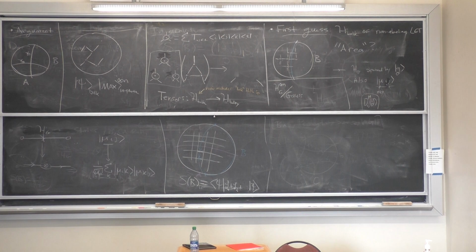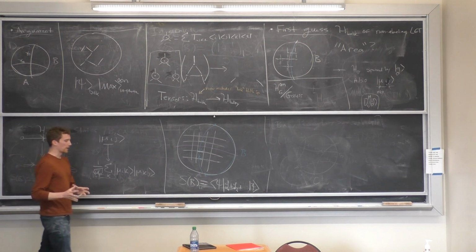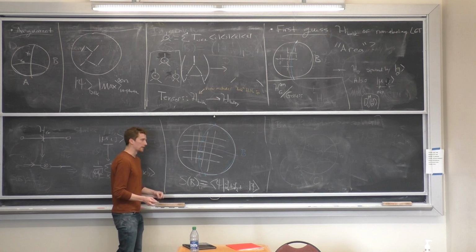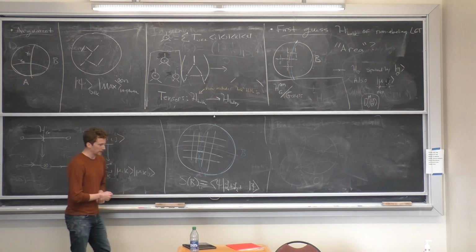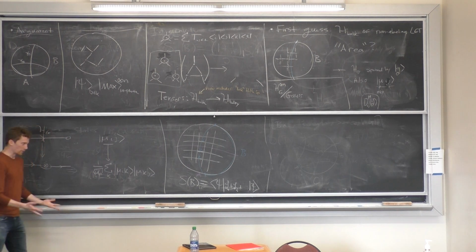But actually we can do something that's one step in that direction, which is we can take 2 plus 1 dimensional gravity and reformulate it. People already know how to reformulate this as some sort of topological field theory, and we can put that topological field theory on the lattice, let that be our Hilbert space, and see how that resolves the non-Euclidean problem. Okay, so this is what we're doing.